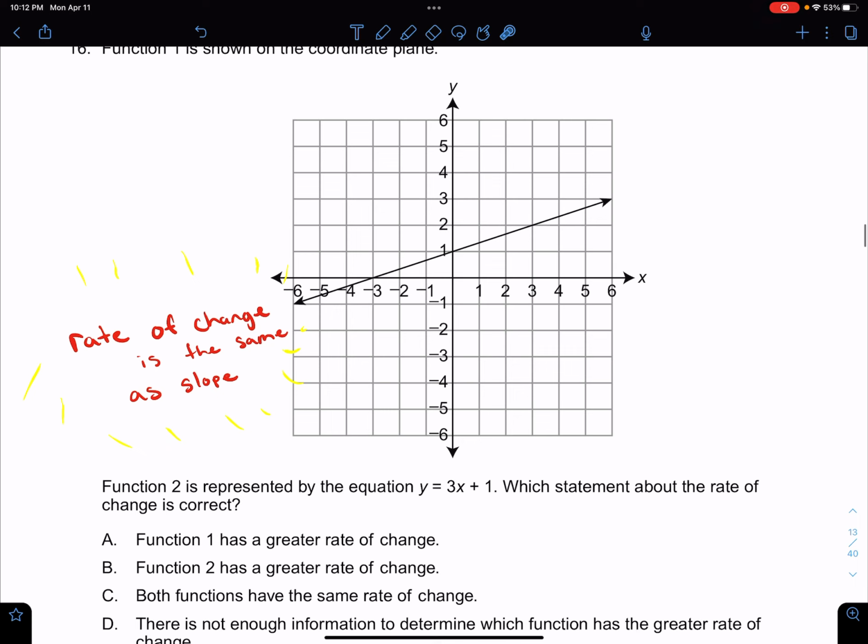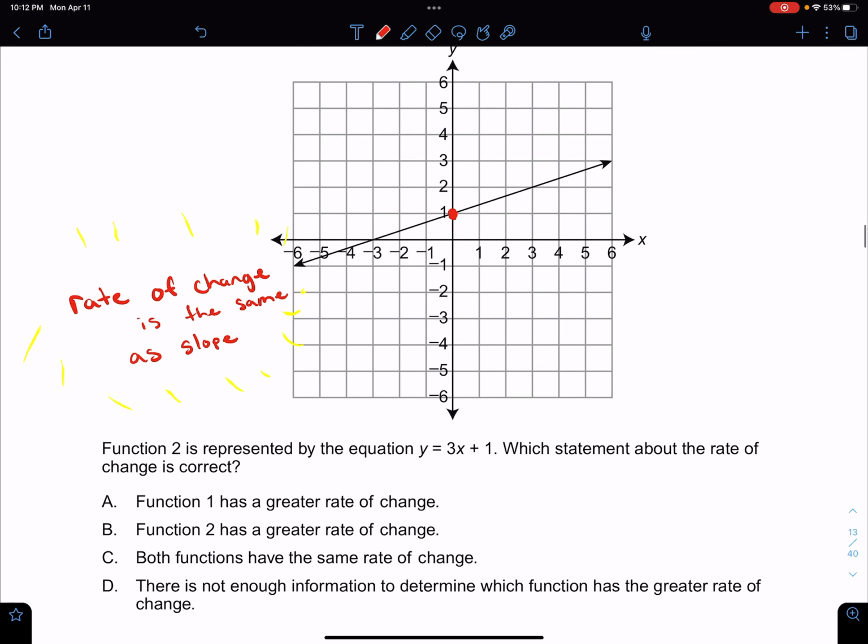Here's how we're going to do it. First, we're going to find the equation for this line. I do that by finding where it crosses the y-intercept first. I know it crosses at 1, so it's going to be y equals. The first thing I have to do is find the slope.